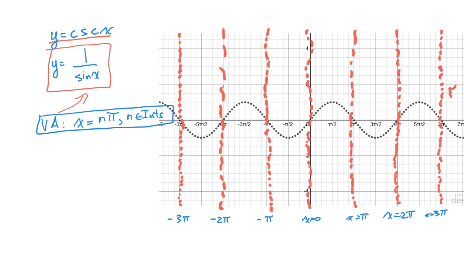So exactly what happens when we take 1 over the sine of something? We know at this point here, our value of sine is 1. Now, if we take a look at our asymptotic analysis, as we go close to this vertical asymptote, as sine gets closer to 0, when I take 1 over that value, my value becomes immense.